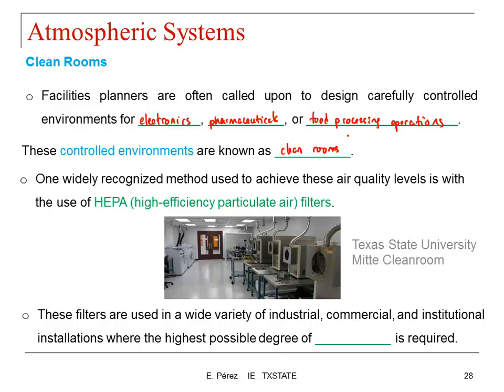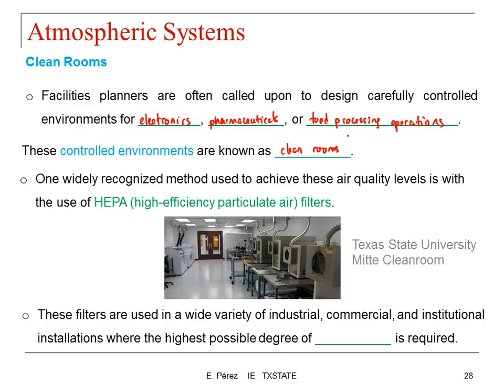One way to distinguish them is that they're painted with very clear, white colors, so you can see if there's any mold formation. Most of the people working in these rooms will be wearing white covers throughout their body. So these are very important types of rooms.